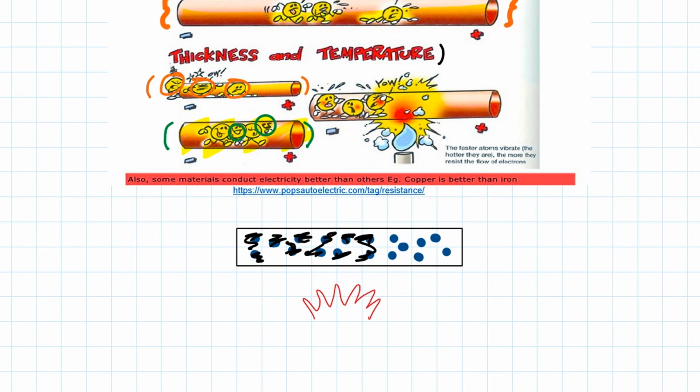So if they are vibrating more randomly and electrons want to move through this conducting wire, the vibrations make it more difficult for the electrons to move through, or rather we can say that along the way, they're going to bump into the atoms more often and lose a lot more energy.